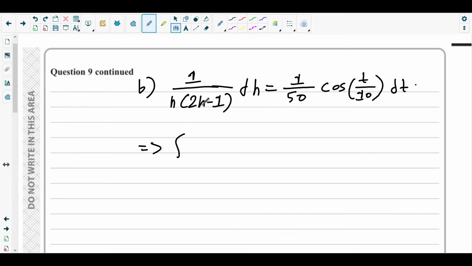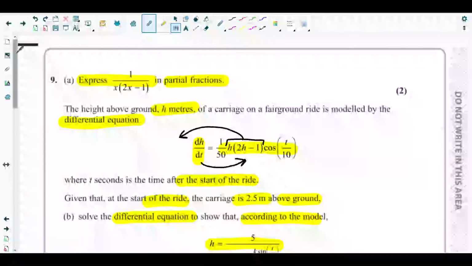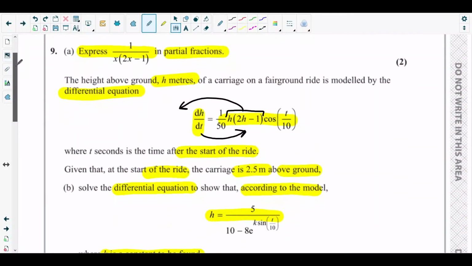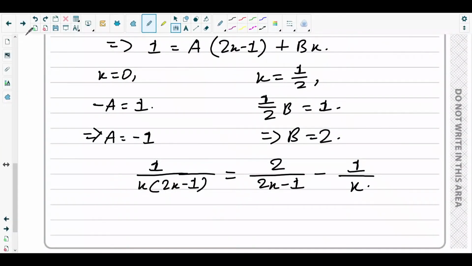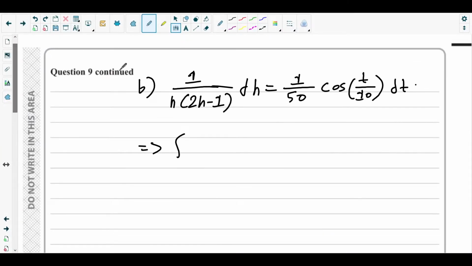So 1 over h(2h minus 1), which we just represented in partial fraction form in the previous part A, can be written as 2 over (2h minus 1) minus 1 over h, dh.